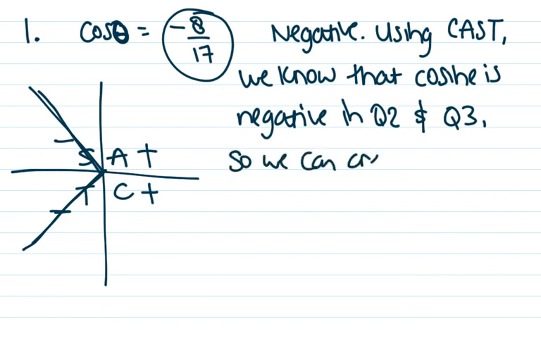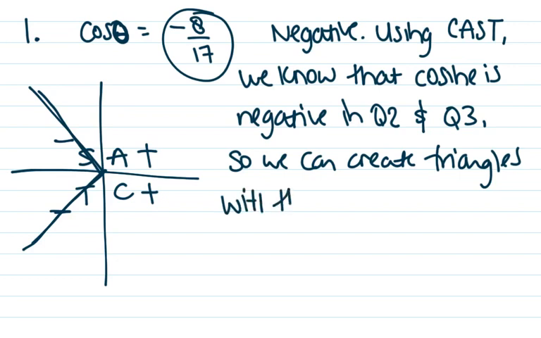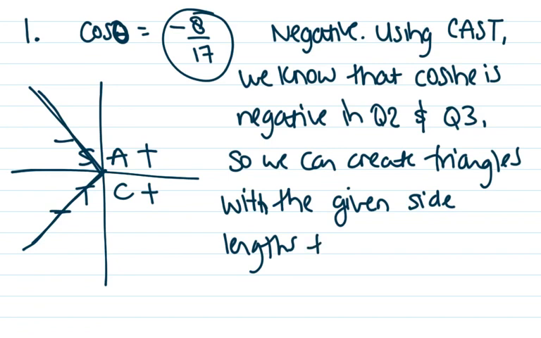So we can create triangles with the given side lengths there. So I have one here and one here.